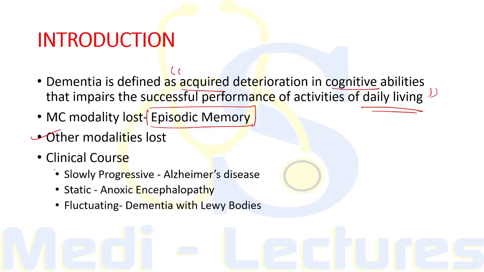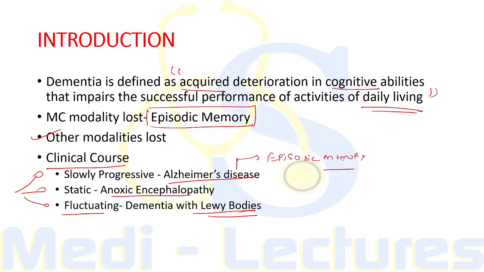Now, clinical course can be slowly progressive as in Alzheimer's disease, static as in anoxic encephalopathy, or fluctuating from hour to days in dementia with Lewy bodies. It is a very important point that most patients with Alzheimer's disease begin with episodic memory impairment, which we have already seen is the most common modality lost.